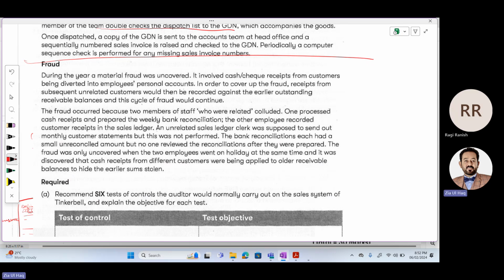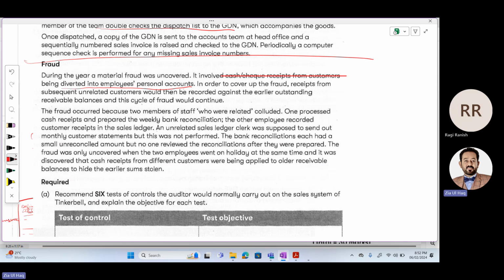Means cash receipt against sale from customer is going into the employee's personal account. In order to cover up the fraud, receipt from a subsequent unrelated customer would then be recorded against the earliest outstanding receivable balance.